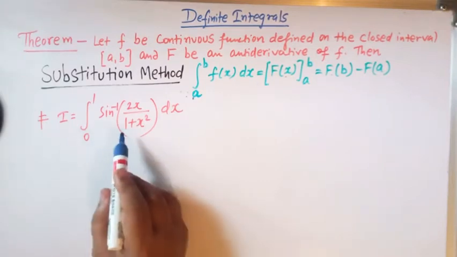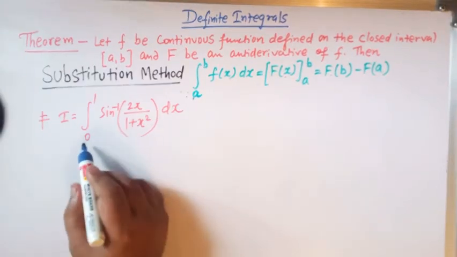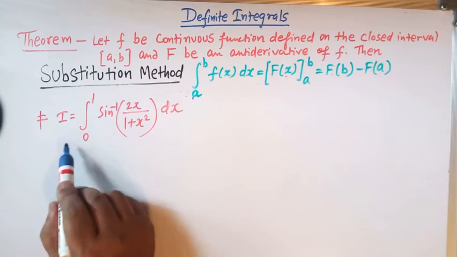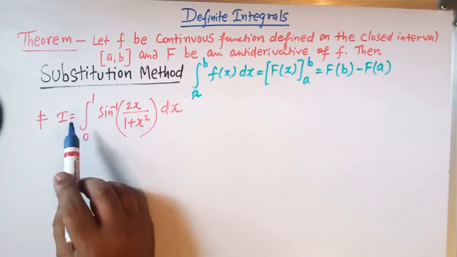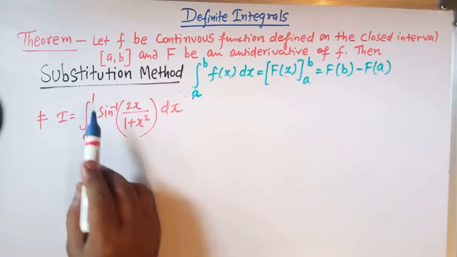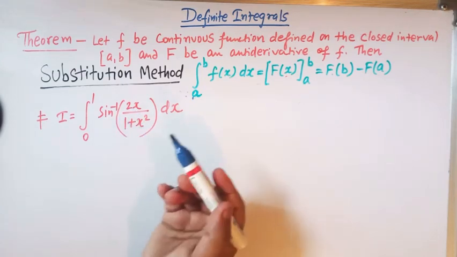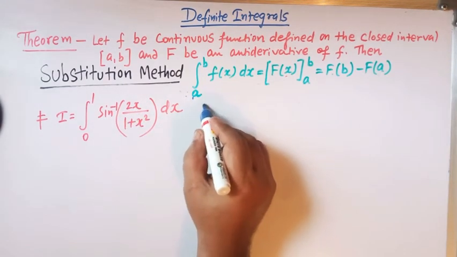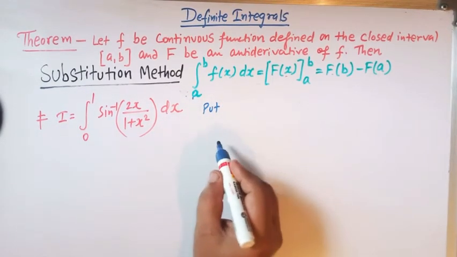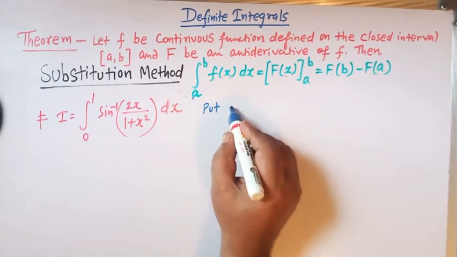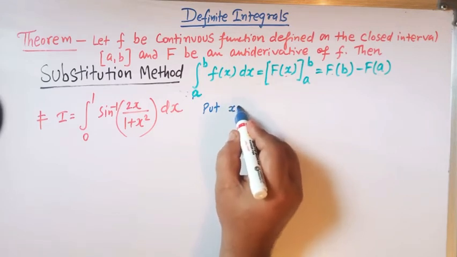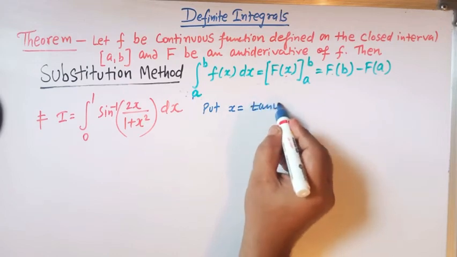Now let us solve this problem. So here we have to find the definite integral from 0 to 1 of sine inverse of 2x over 1 plus x square. So here also we'll make a substitution, and the appropriate substitution is x is equal to tan theta.